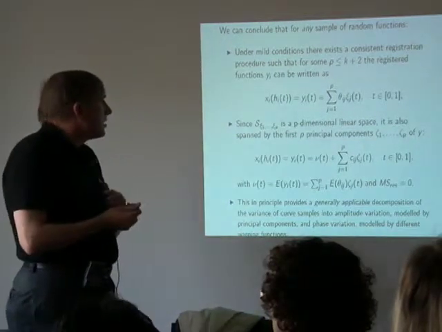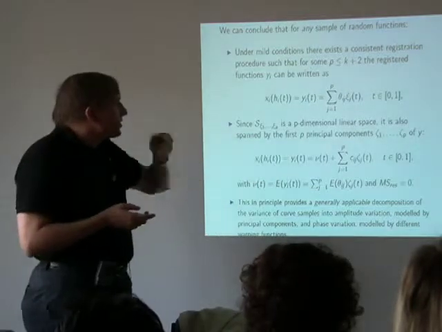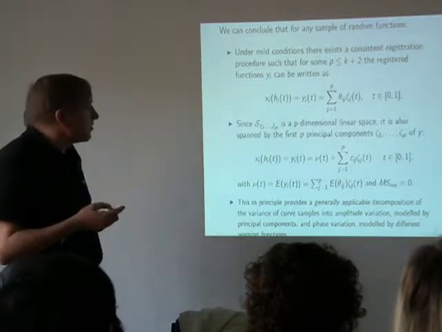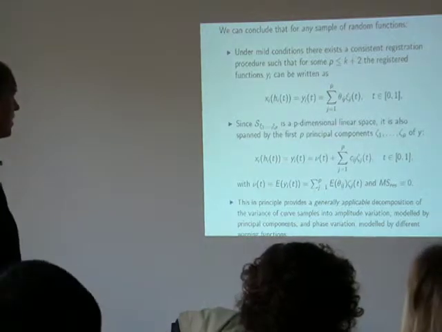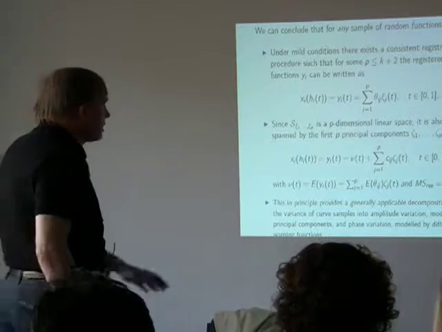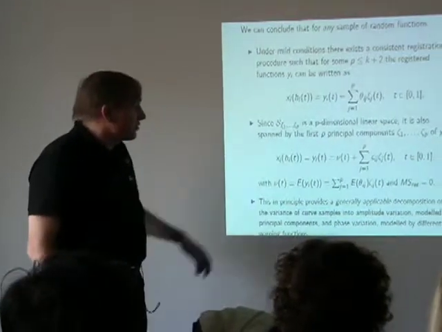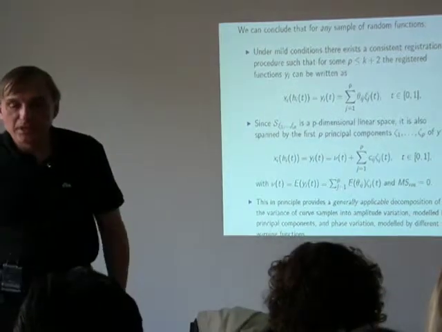Okay. So the idea is that this in principle provides a generally applicable decomposition of variance of curve samples into amplitude variation, modeled by principal components, and phase variation, modeled by warping functions.